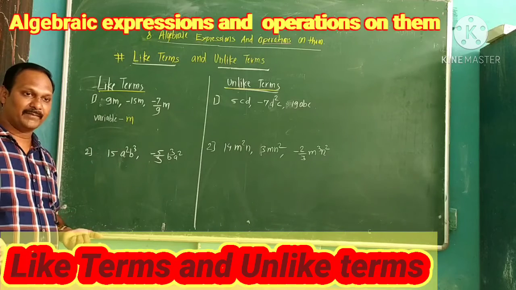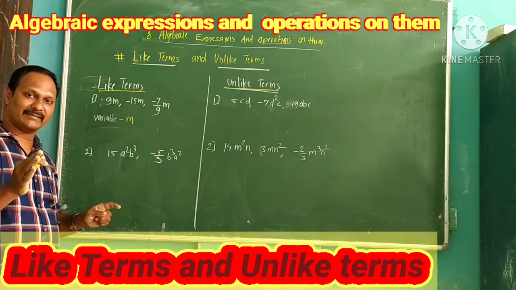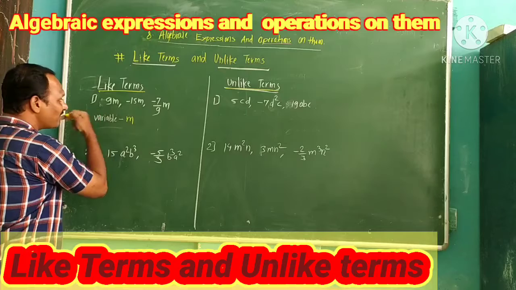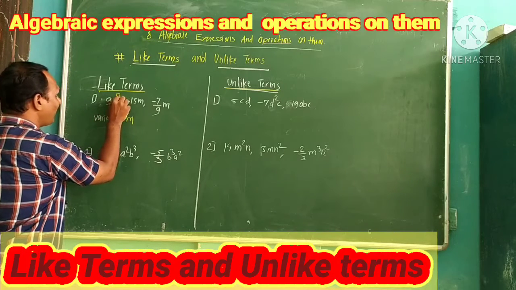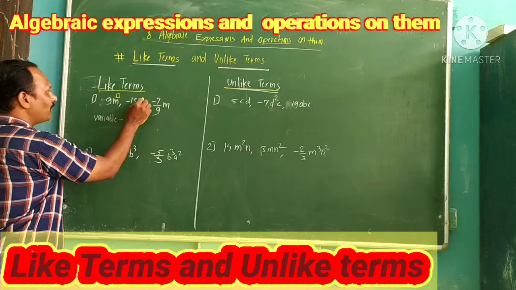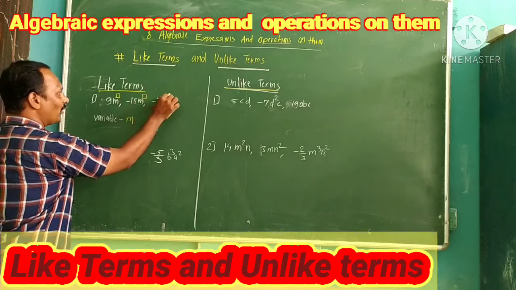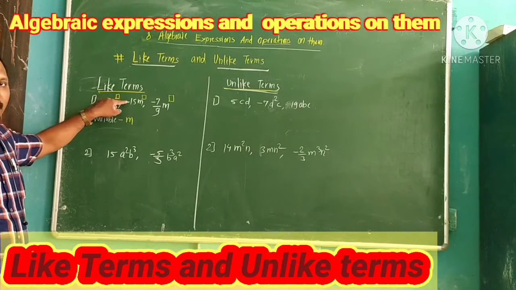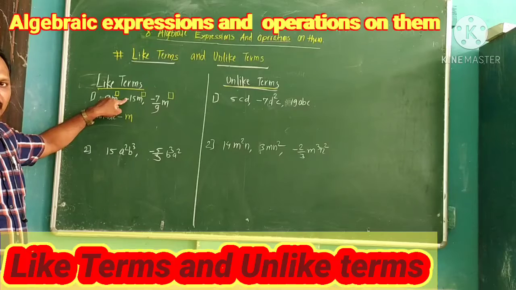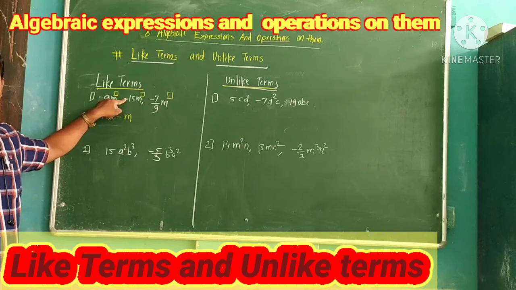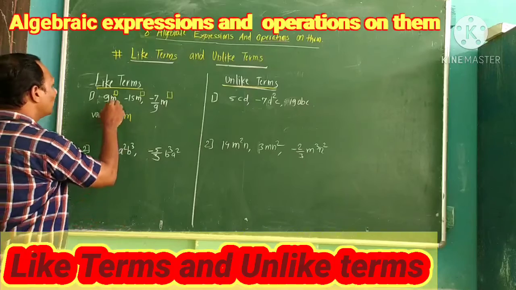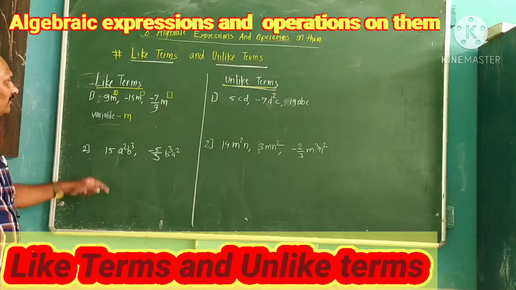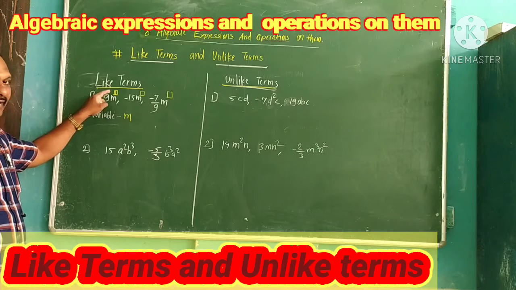Also you see the index, which is also called the power, of this m. What is the power or index of m in the first term? There is no digit or number, so the index is 1.